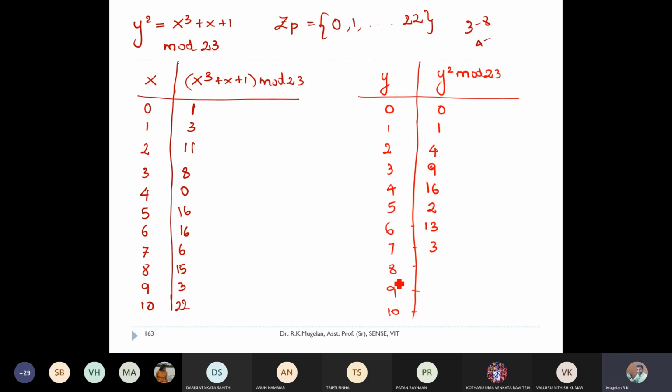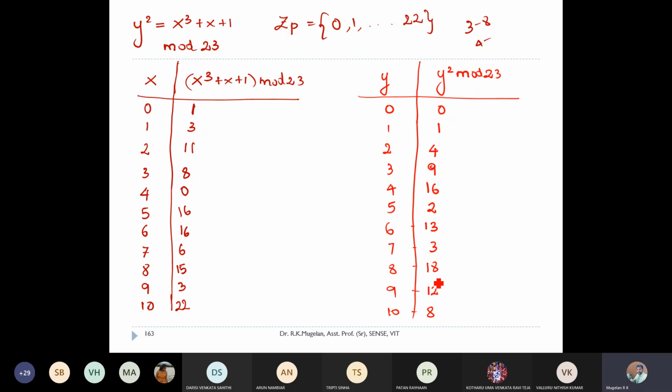Okay, for 10 it is 8. For 8 you are getting 18. Yeah, for 9 you are getting 12.